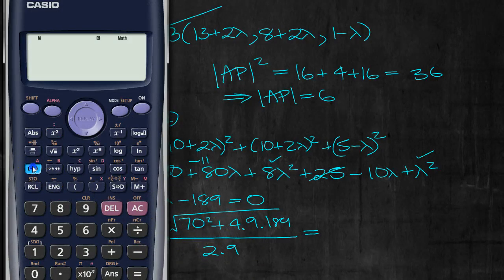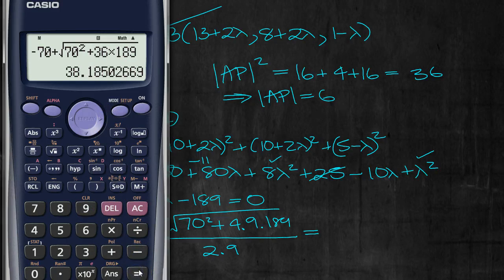So negative 70 plus square root of 70 squared plus 4 nines are 36 times 189 outside the square root. Let's work out that top number. Doesn't look right, but okay. And divide by 18.